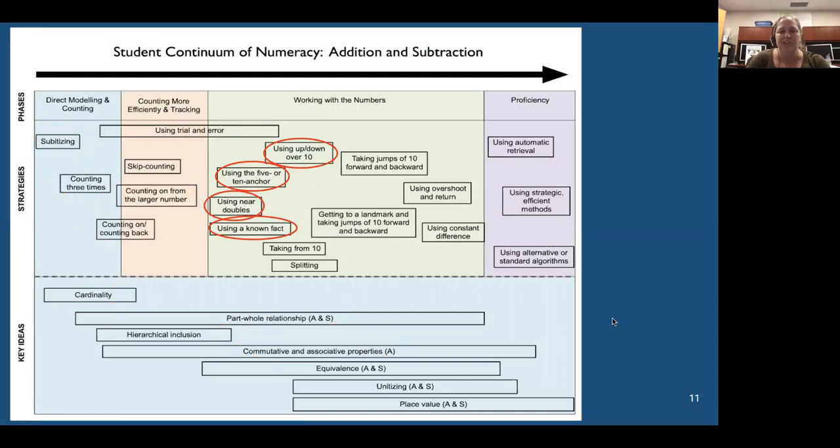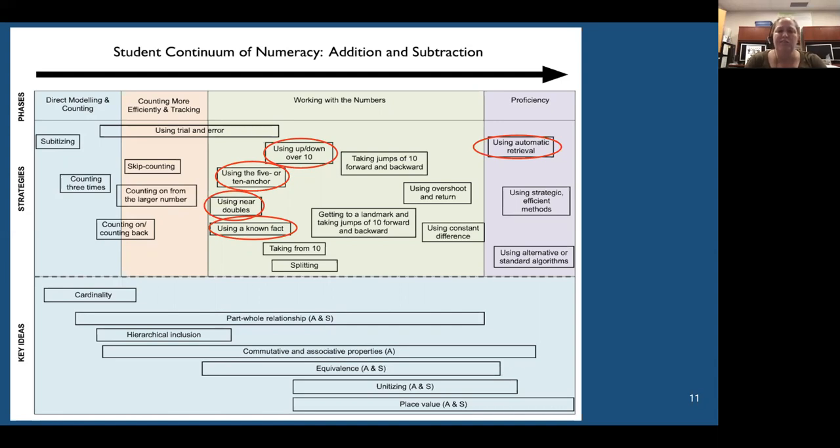In the last session, we focused on these 4 that fall into the working with the numbers phase. And with those small additions up to 20, the ones that we usually consider as, quote, the facts, once students are using these sophisticated strategies to solve the facts problems, the very next thing for us to do with them is to help them to get faster.